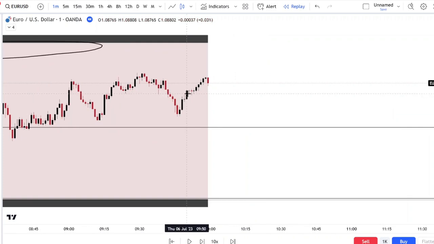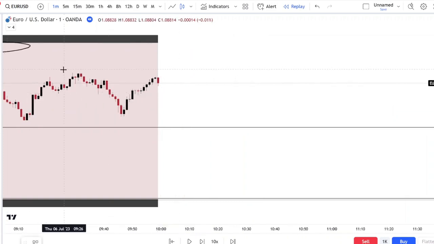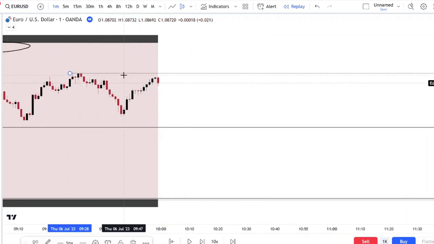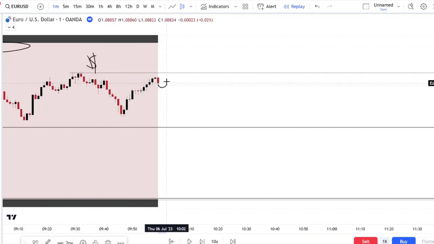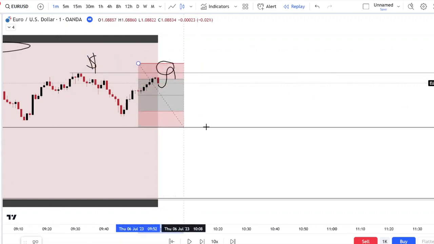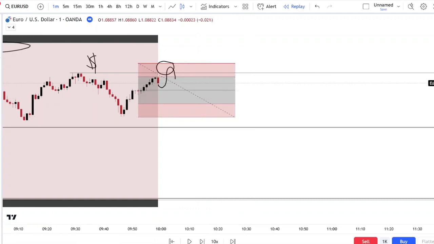So what would I be looking for? I'll be looking for a stop hunt, for price to take this level. Then we'll pull out our 50%, and we'll take a trade once price reaches 50% and take the trade lower.